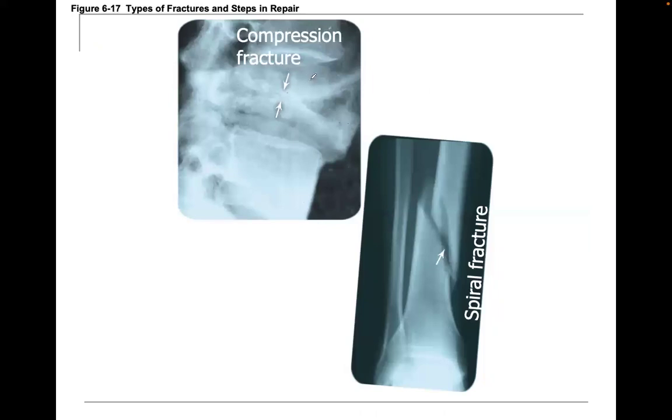A compression fracture: look at the beautiful shape of this vertebra, but look at this one. Very compressed. If someone has osteopenia or osteoporosis and there's an axial compression, like they slip and fall down the stairs and land on their tush, that's a compression fracture.